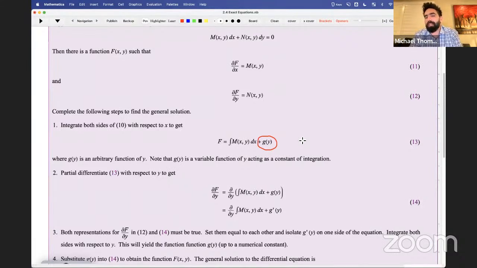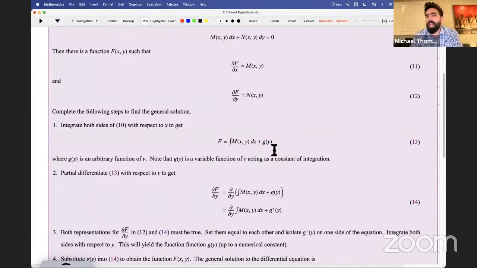It really is a constant. It's just that when you integrate with respect to x, you're treating y like a constant, and we integrated with respect to x on both sides. So I can't just write a plus c. That's not good enough, because y is also a constant as far as that integration was concerned.